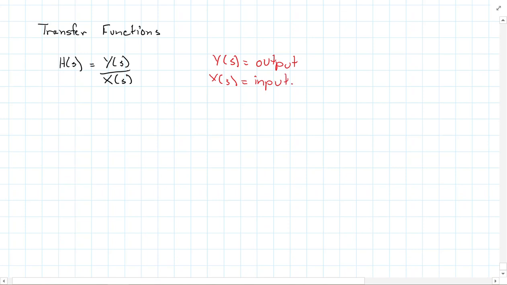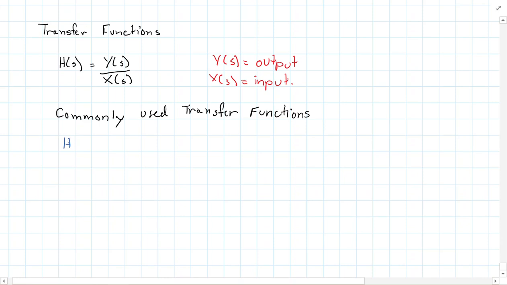Now, commonly used transfer functions would be the following.